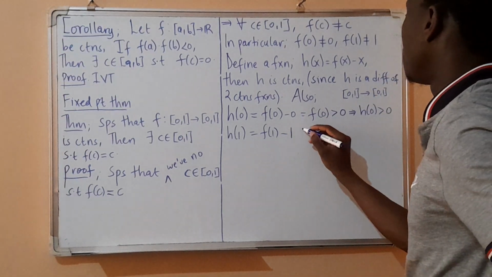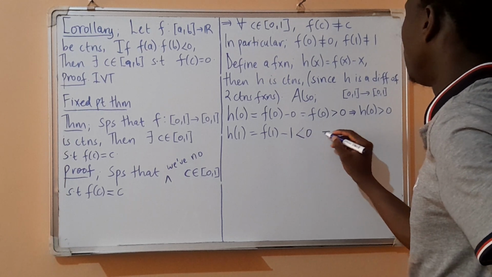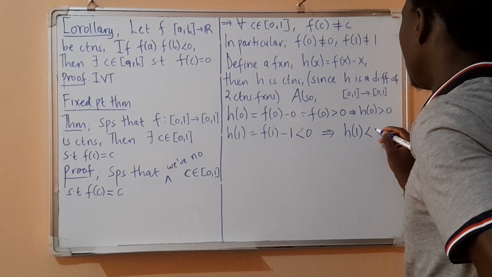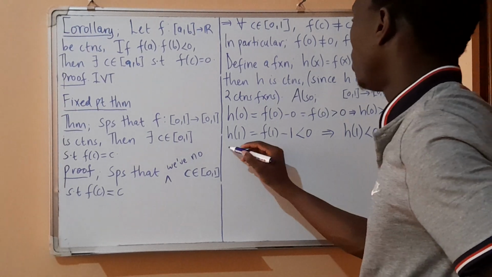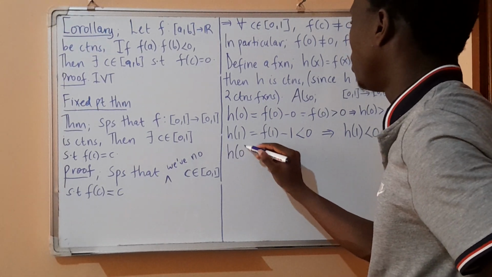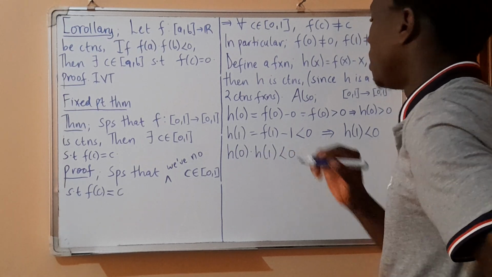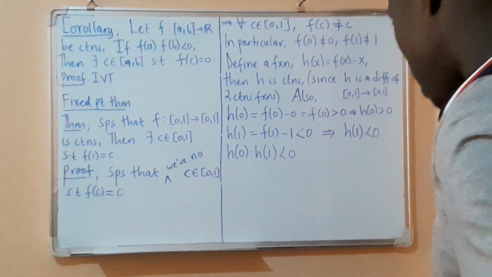So this is less than 0, implying that h of 1 is negative. So h of 0 times h of 1 is negative.